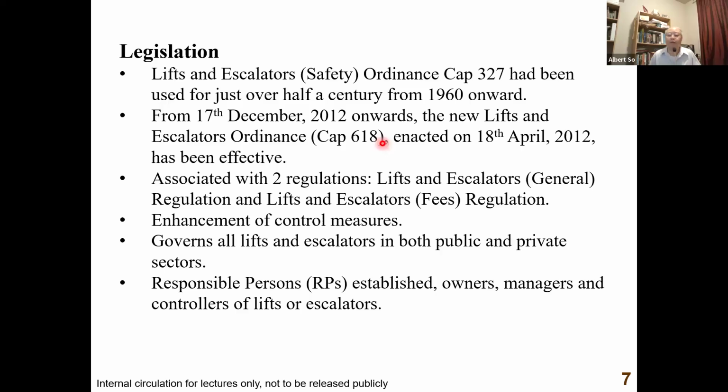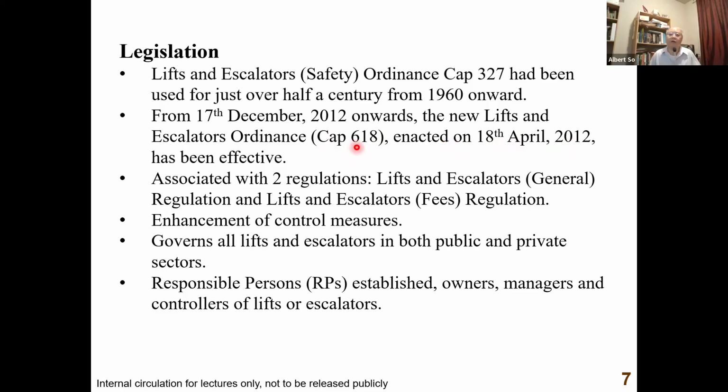I think you can download Chapter 618 from the website of EMSD, or from the website on all the laws in Hong Kong, enacted on April 18, 2012. But again, no need, because this is a technical course. You are not studying law, unless in your coursework you need to refer to some laws.